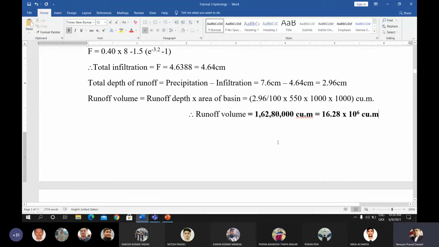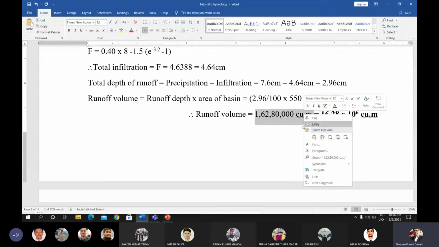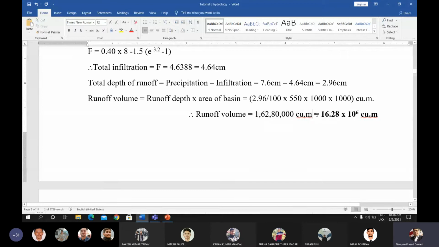Now you can write it in this way also. This is the answer. What will be the volume of the runoff? This is the answer.